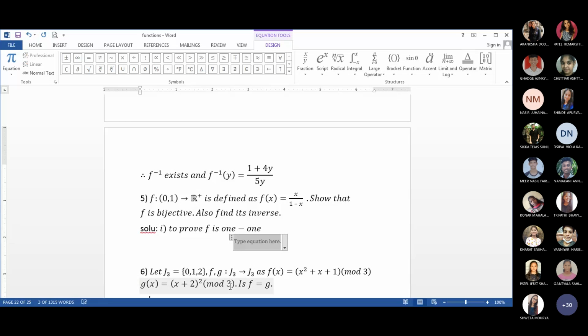Now tell me यहाँ पे मेरा डोमेन क्या है फंक्शन का? ओपन इंटरवल 0, 1 एंड codomain is R plus. R plus means non-negative real numbers.